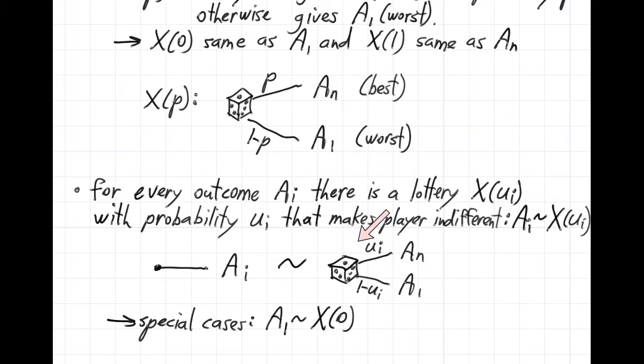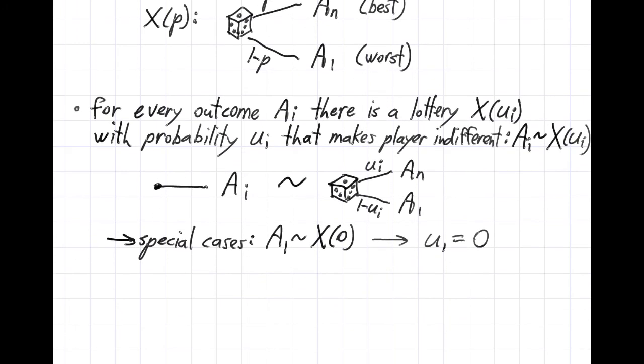We're not getting this top branch. We are certainly getting this branch, and so there really is only one outcome. So this lottery, if U1 is 0, is exactly the same outcome as just getting A1 itself. So that means right away that U1 has to be equal to 0.